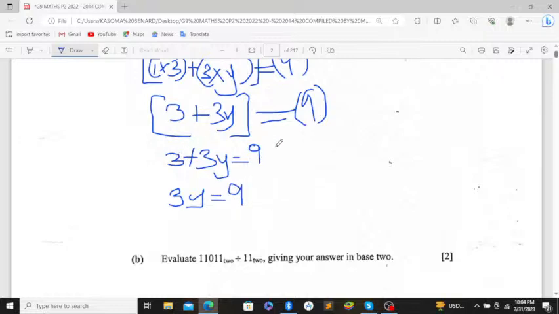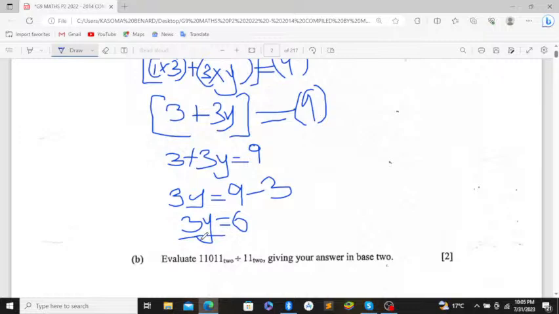Then this 3 will cross the equal sign and come to this side, so it becomes minus 3. Then we write 3y is equal to 9 minus 3, which gives us 6. For us, we want to find the value of y.